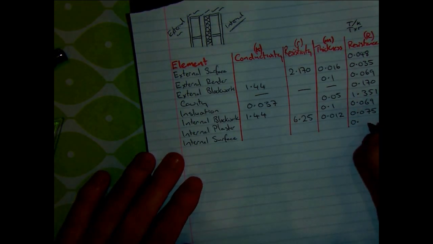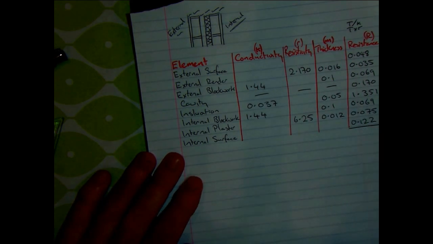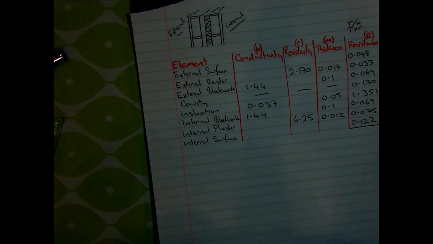So it's 0.122. Now, we haven't got our U value yet, so to get our U value we have to add all those values and we have to divide them. So we're going to put 1 divided by our R total.